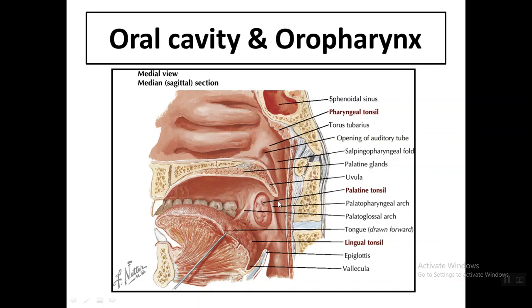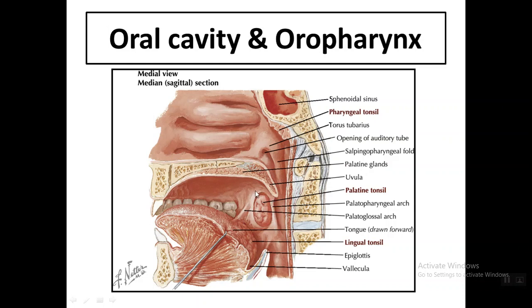The lateral wall of the oropharynx contains the palatine tonsils. These are the palatine tonsils. They are situated in the palatine fossa. It is bounded anteriorly by the palatoglossal arch and posteriorly by the palatopharyngeal arch.